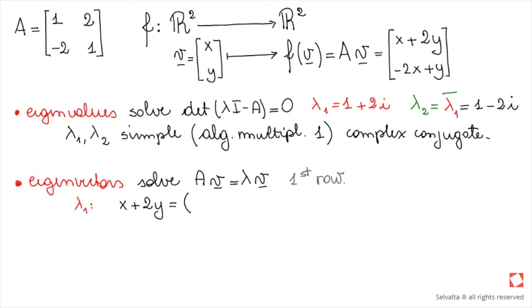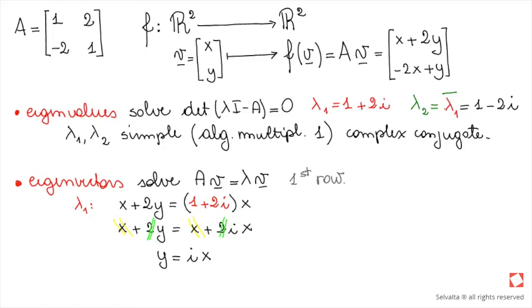At the right hand side we have 1 plus 2i multiplied by x, which is the first component of v. That is, x plus 2y equal x plus 2ix, and we have a cancellation for x, and then we can divide by 2 the equation, and we are able to write y equal ix.